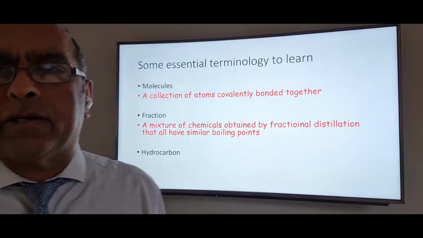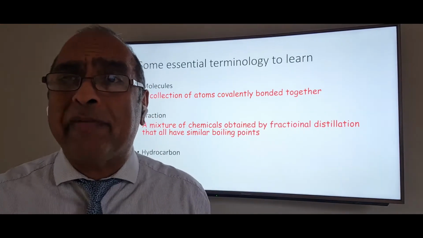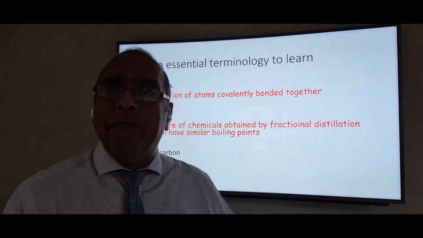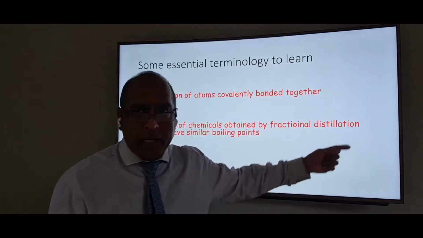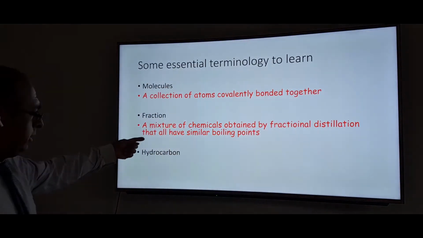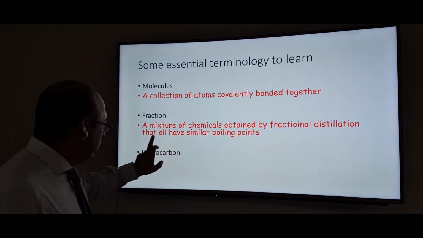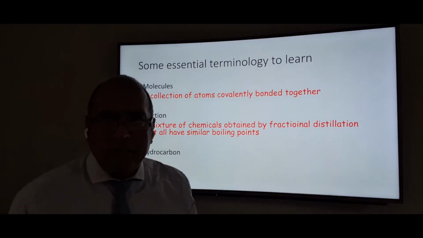Anyway, let's move on. Fraction. I told you what a fraction was last time. It's a mixture of chemicals that you get by fractional distillation, and they all have similar boiling points. They are the chemicals within that fraction.